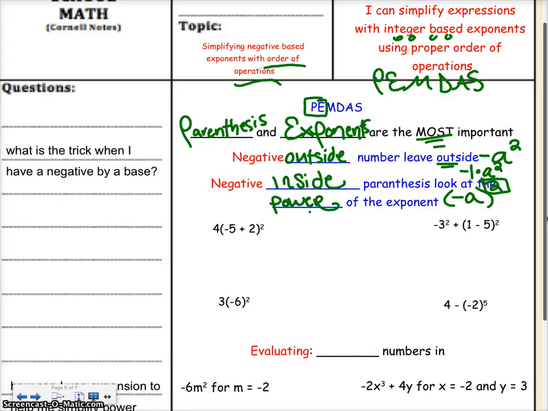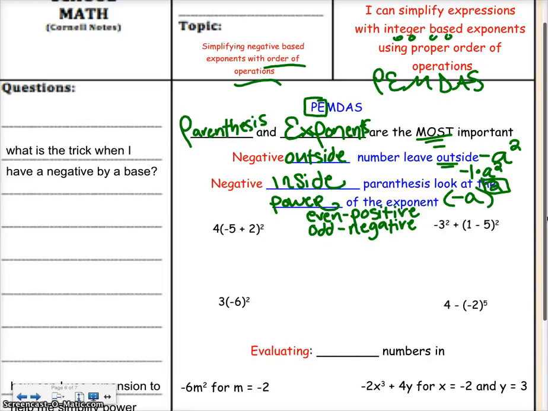If the power is even, it's going to be positive. If it is an odd power, it will be negative. And the reason behind that is pairing up negatives. If I had 3 negatives, I can pair 2 of them up, and 1 would be left over, which would make the whole thing negative.